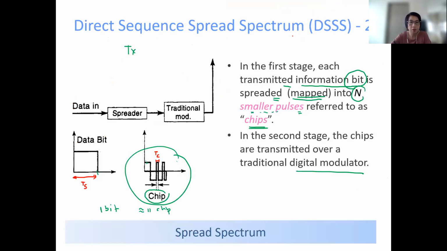By using only the first stage, the bandwidth is already large, and then you can do the process: this signal is modulated with the carrier, and then you send it. So it means that you need only one carrier frequency to modulate your signal, or the chips.